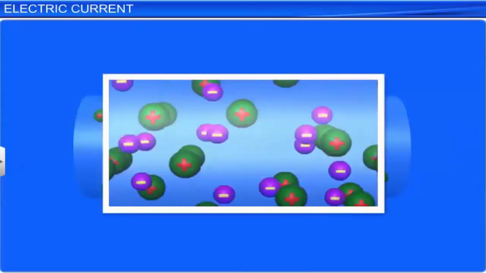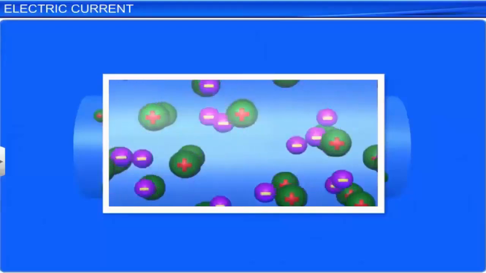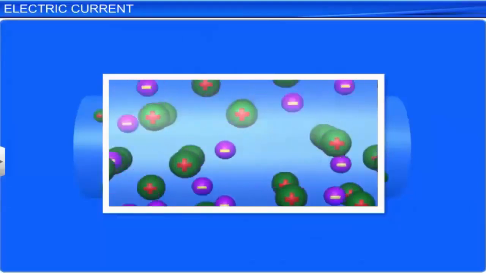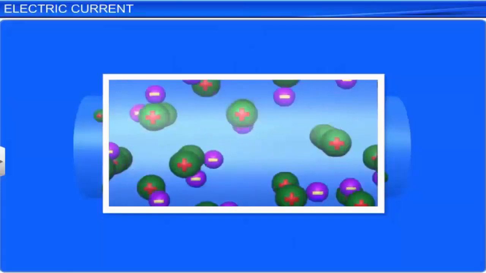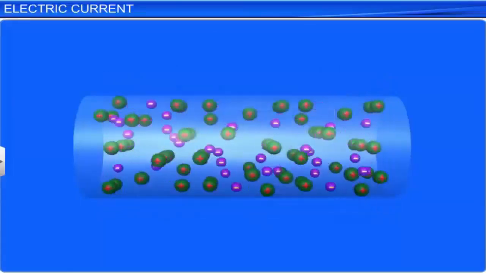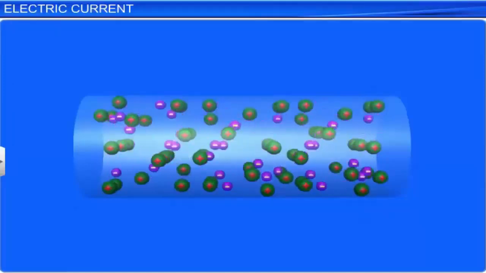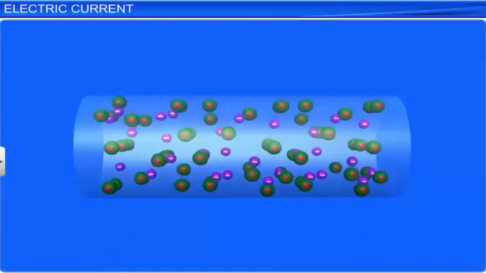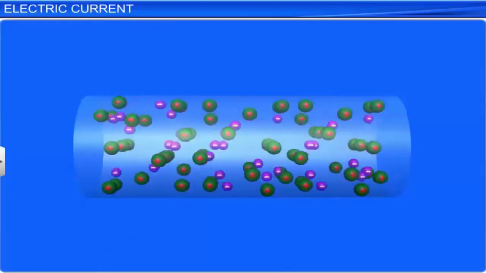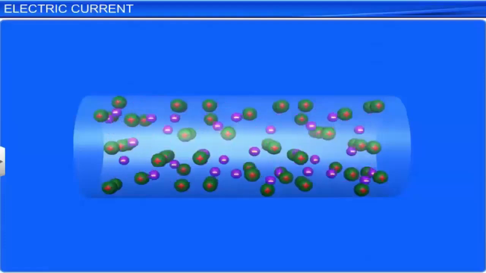There is no preferential direction for the velocities of the electrons. On average, the number of electrons traveling in any particular direction will be equal to the number of electrons traveling in the opposite direction. Therefore, there is no net electric current.